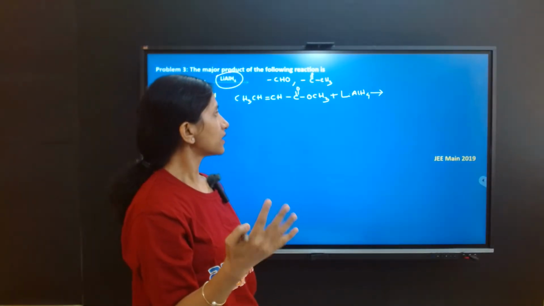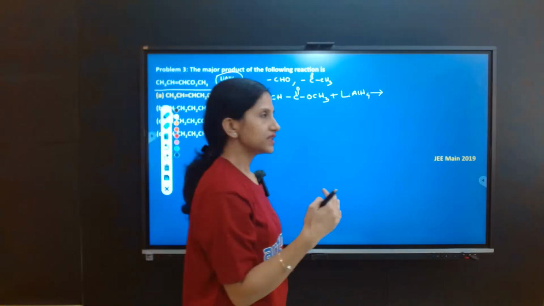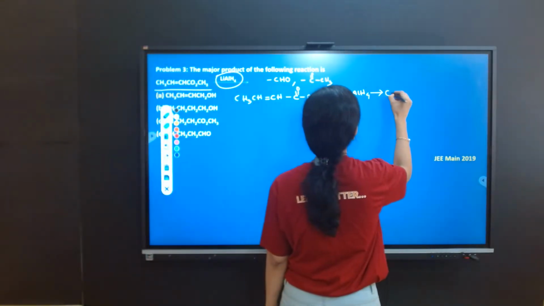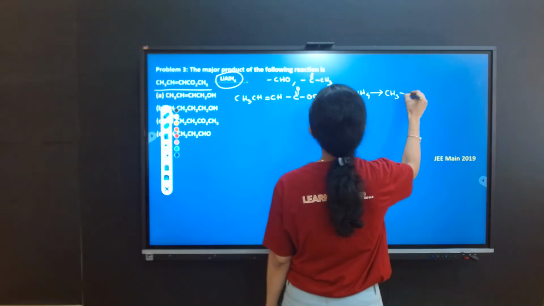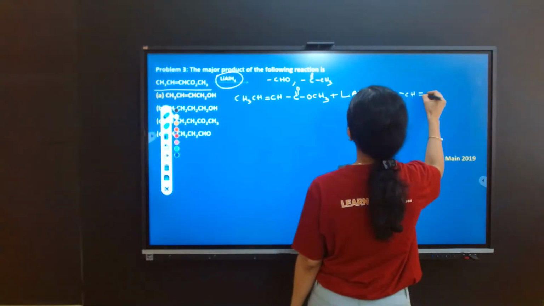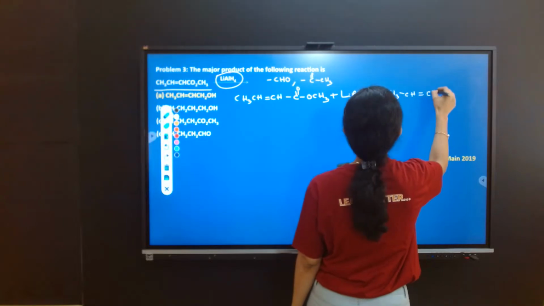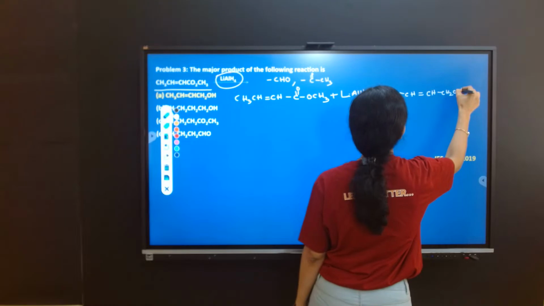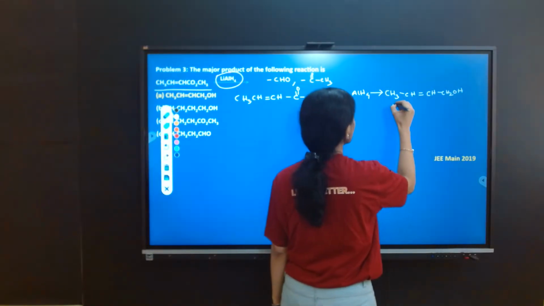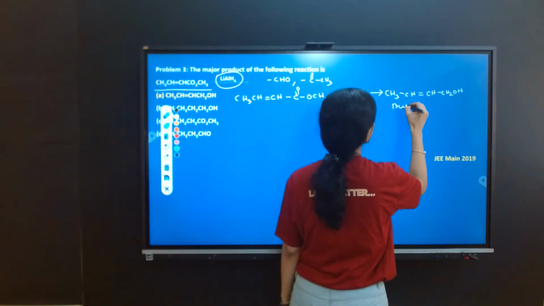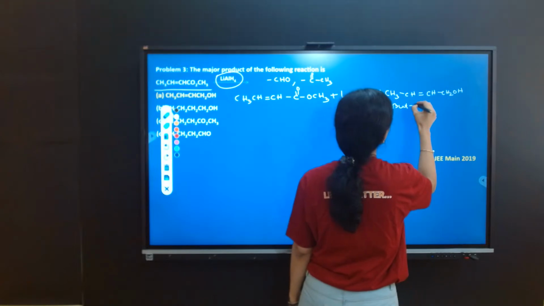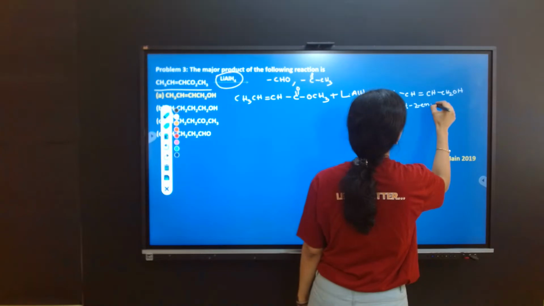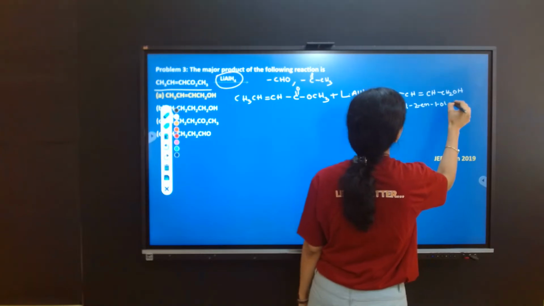One is corresponding to the alkyl chain or alkyl group. So it will result in CH3CH=CHCH2OH, which is known as but-2-en-1-ol.